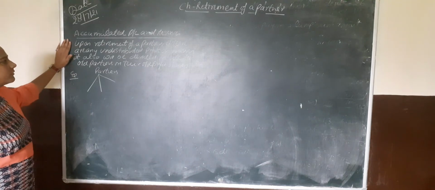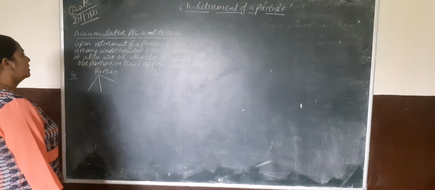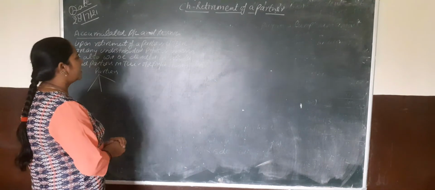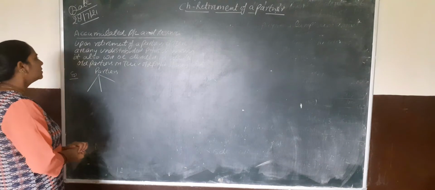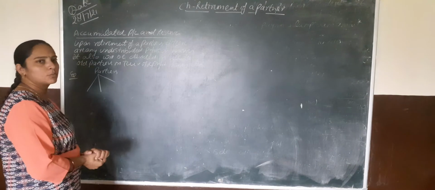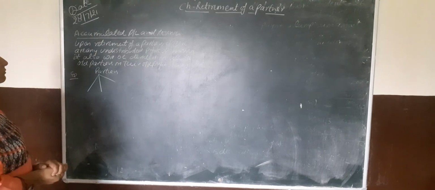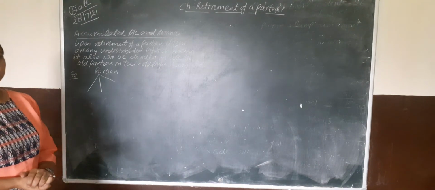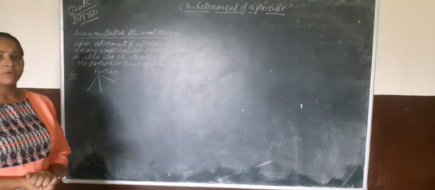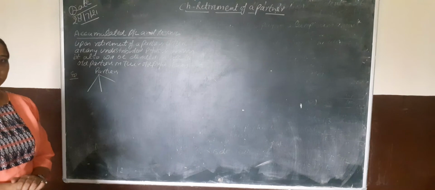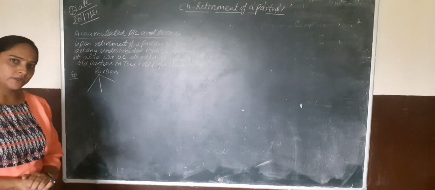Upon retirement of a partner, if there are any undistributed profits or reserves, they will also be divided among all the old partners in their old profit sharing ratio. The firm's reserves and undistributed profit and loss will be distributed among all the old partners in their old profit sharing ratio.